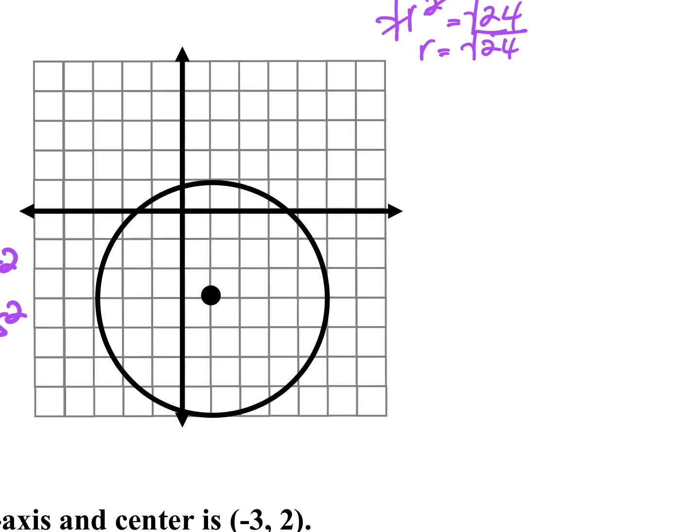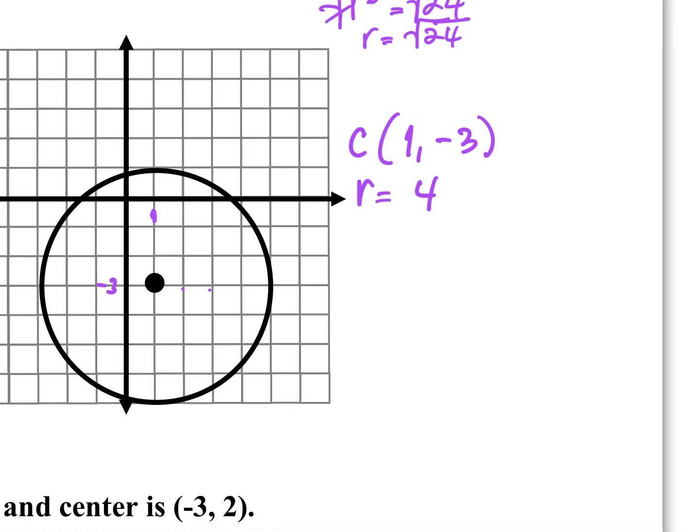Okay, next. Okay, the center is located at this one. The center is located at, this is going to be 1. This is 1, and this is 1, 2, 3. This is negative 3. Okay, the radius is equivalent to 1, 2, 3, and 4 only. Okay, so x minus h squared plus y minus k squared is equal to r squared.